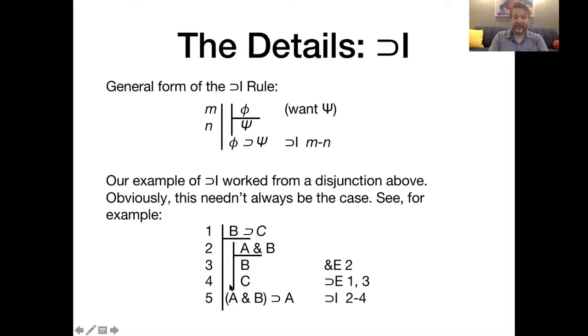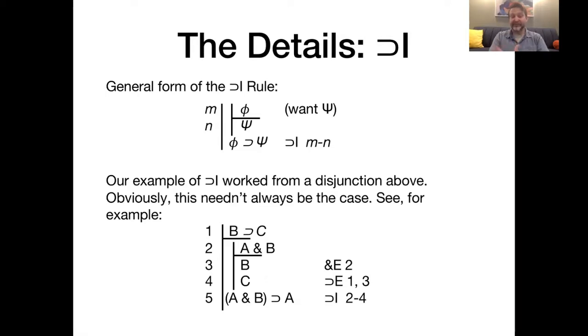And so we've actually demonstrated in this case if A and B, then A. I think that should actually be if A and B, then C is what we have demonstrated. So that's a typo there. Sorry about that. So we've demonstrated here if A and B, then C via conditional introduction from 2 through 4. But notice this didn't rely on disjunction elimination at all.